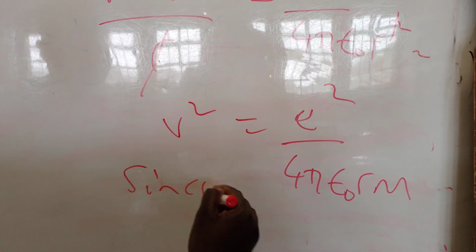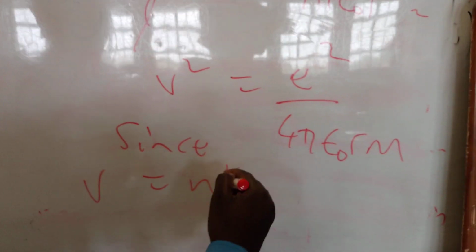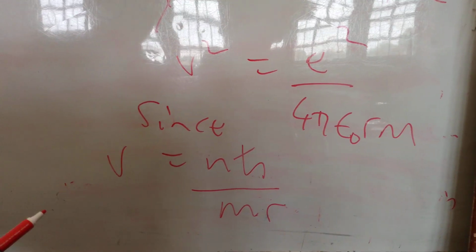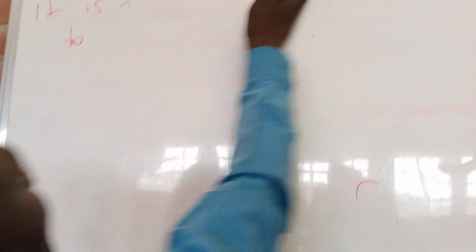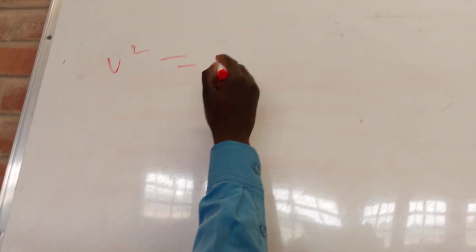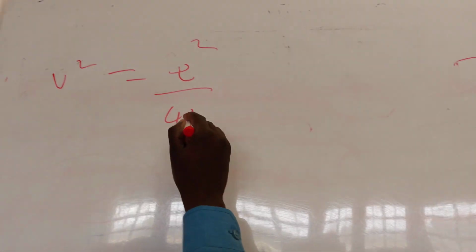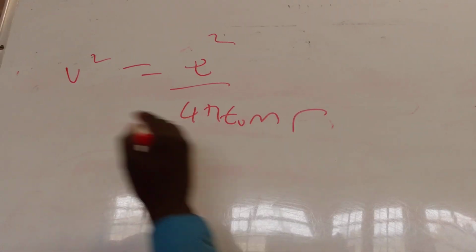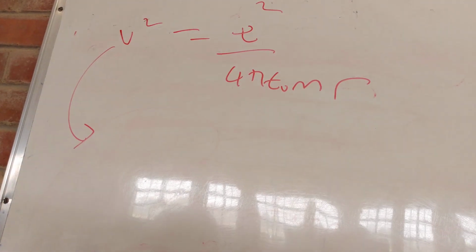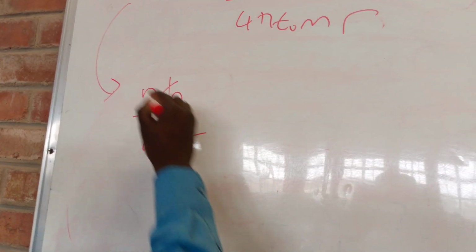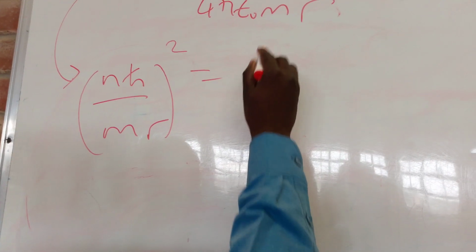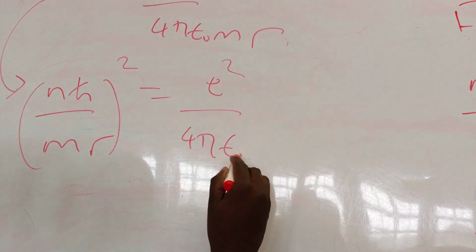Since v is equal to n h bar over mr, v squared is equal to e squared over 4 pi epsilon naught mr. So this becomes n h bar over mr, all squared, is equal to e squared over 4 pi epsilon naught m r.